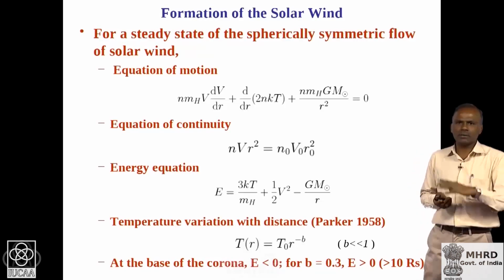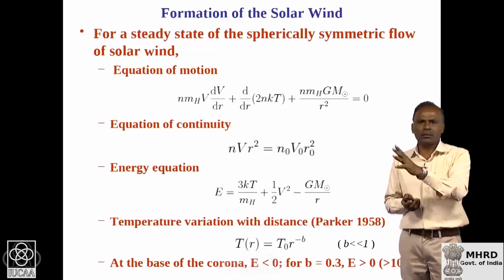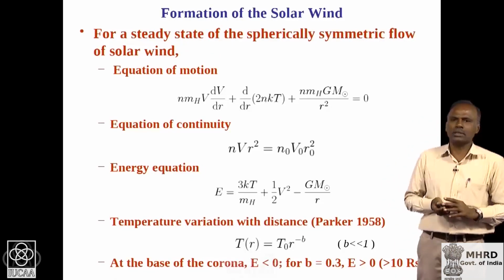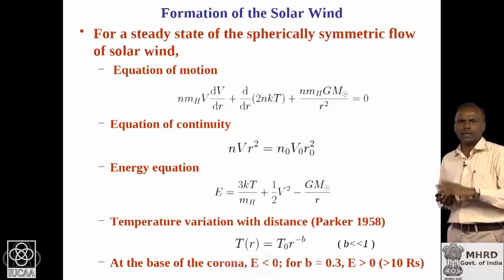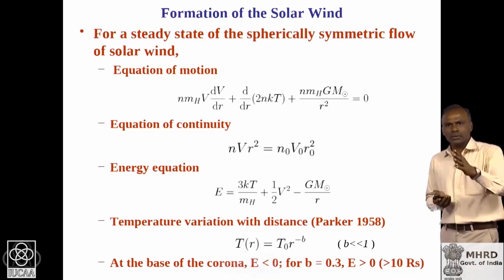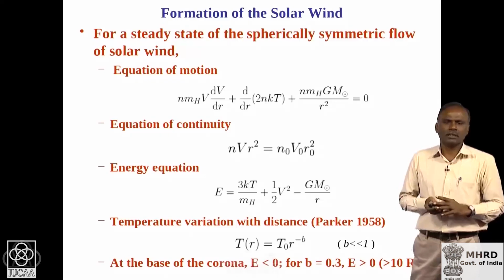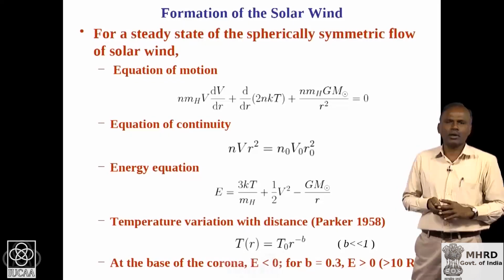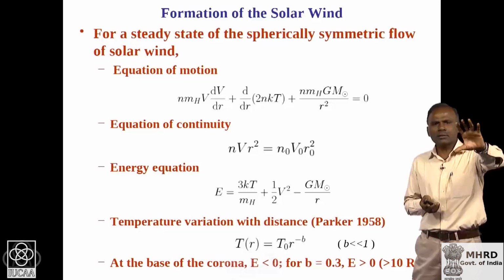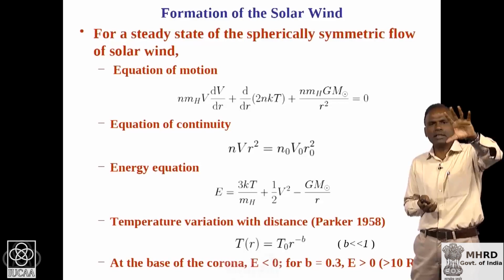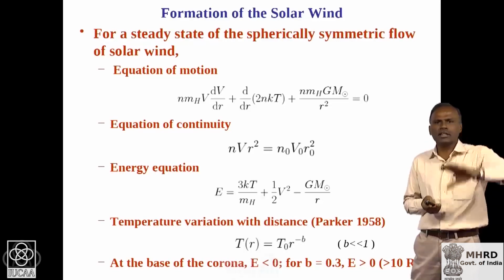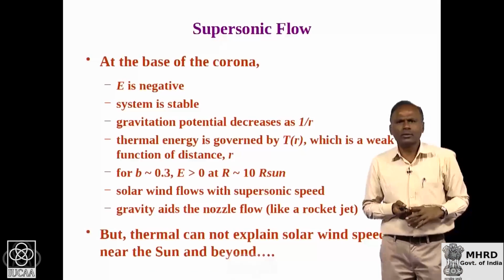Okay. For example, E becomes greater than 0 at about 10 solar radii actually. So, E is less than 0 within 10 solar radii. So, there is no formation of the solar wind. So, for example, these three equations govern the solar wind flow.